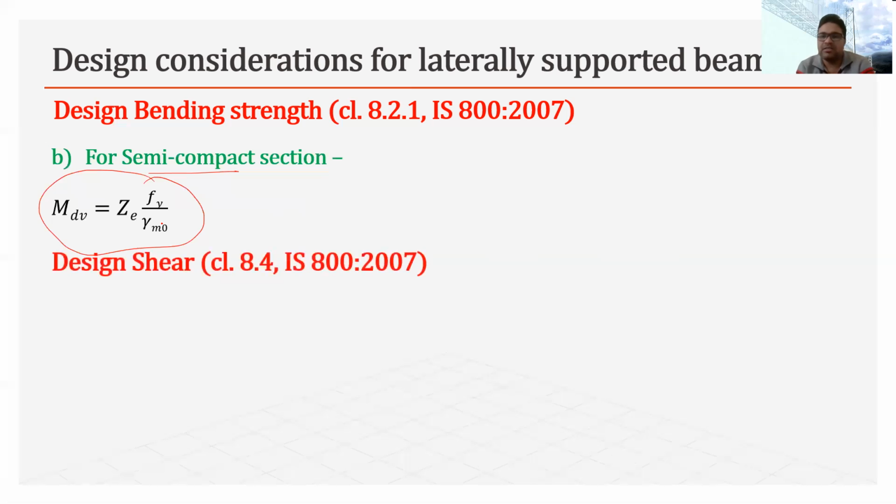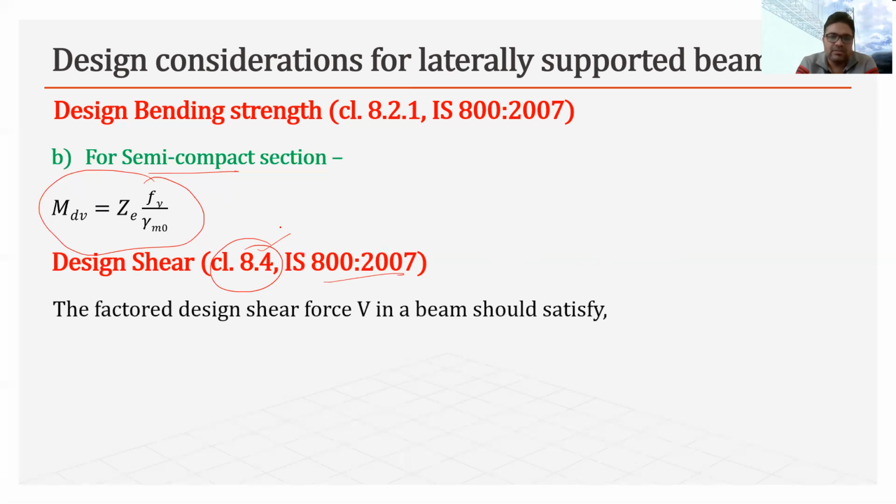Now, next is the design shear. How do we find out the design shear strength? For that, we can refer to clause 8.4 of IS 800-2007. As per this clause, first of all, we need to satisfy a condition that the factored design shear force due to the external load should be less than the design shear strength of the beam.